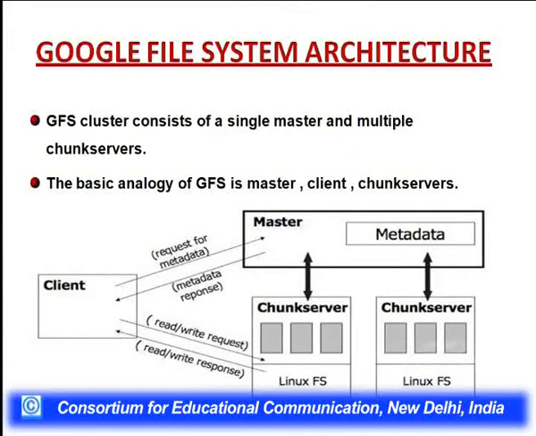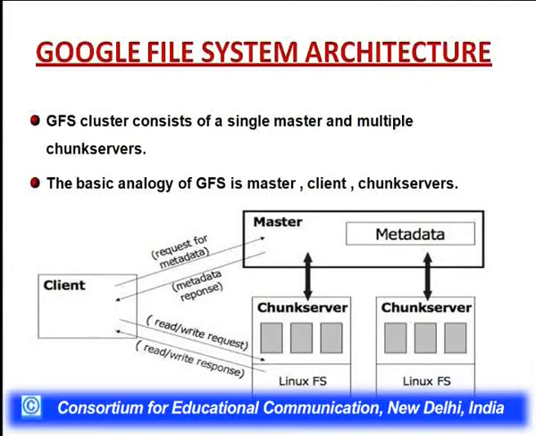There will be a client which will send a request to the master, and a chunk server is responsible for all the read and write requests. All the metadata regarding any client is stored at the master node, or the master part of the Google file system.